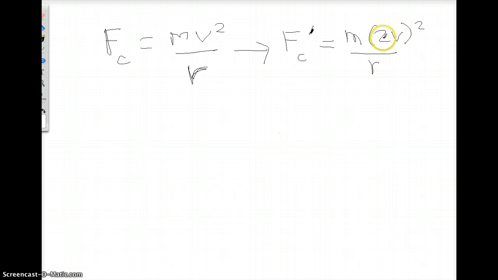So any factor that it gets changed by, ultimately the whole equation on this side is going to be changed by that factor squared. So if velocity is doubled, then we can say that the final force is going to be 4 times the amount that it originally was, because this is the amount that it originally was.